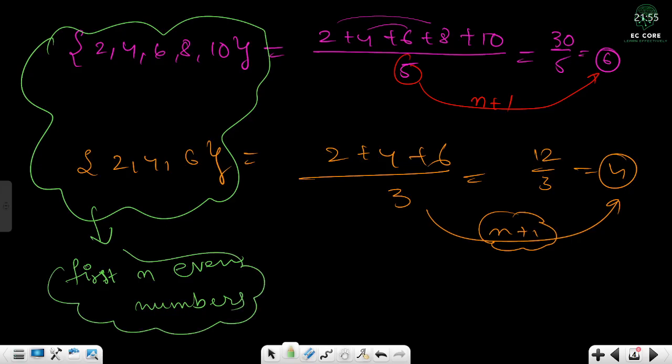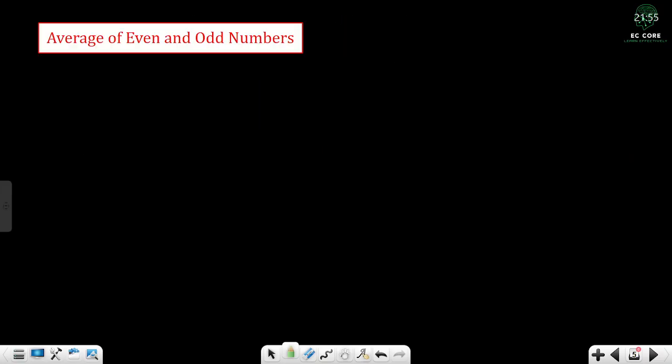So for the first n even numbers, my average will be n plus 1. Here we will write: average of first n even numbers is equal to n plus 1.